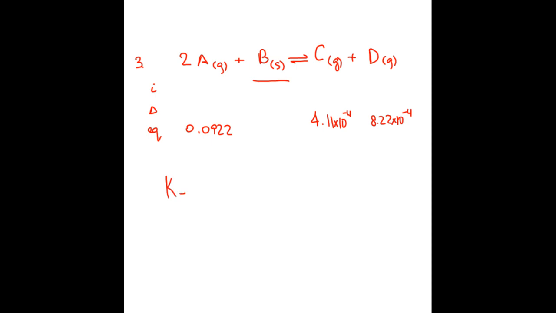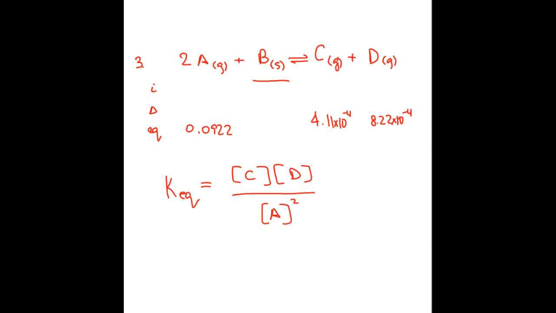So when we write the K equilibrium expression, we have the products, which are on the right side. So we have the concentration of C times the concentration of D divided by the concentration of A with the coefficient raised to the second power. No B there.